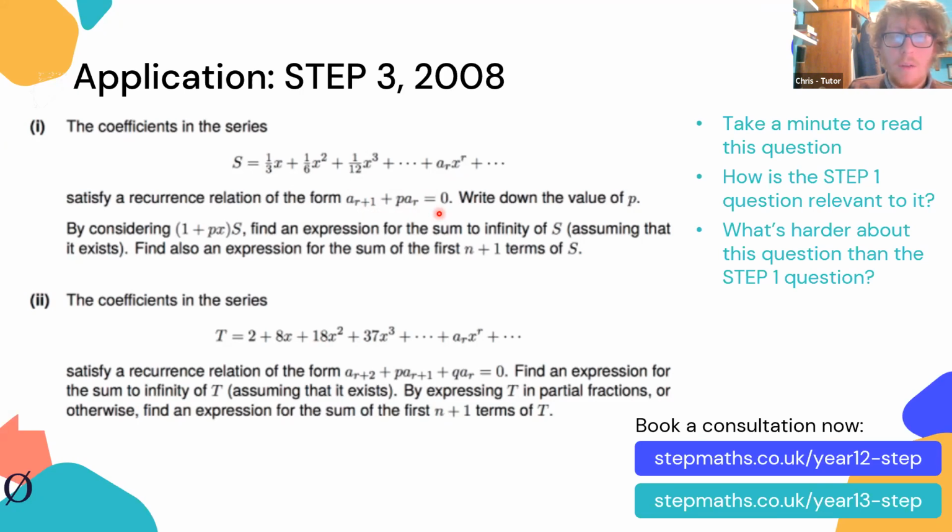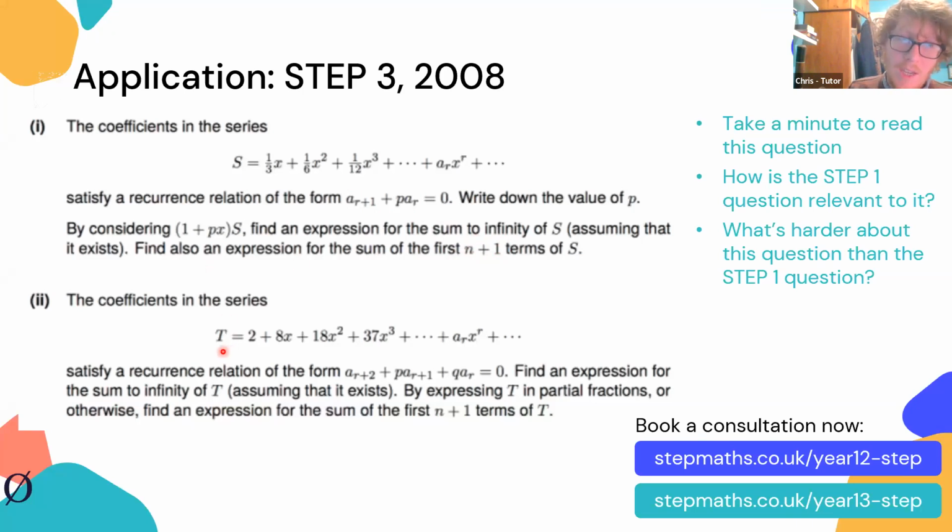By considering (1 plus px) times S, we're asked to find an expression for the sum to infinity of S, assuming it exists, and also an expression for the sum of the first n plus 1 terms of S. And in part 2, it looks very similar.